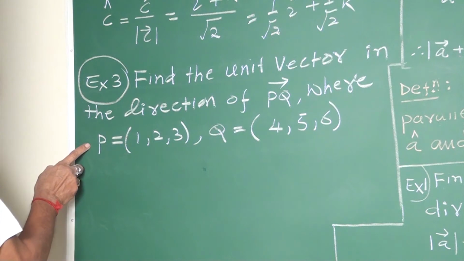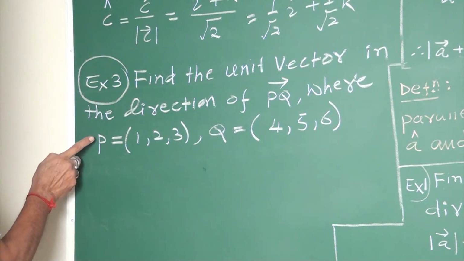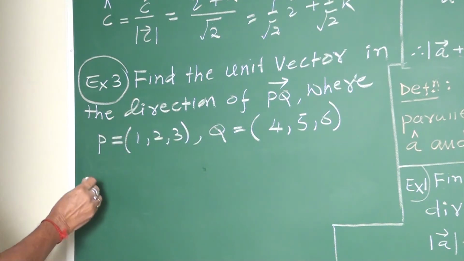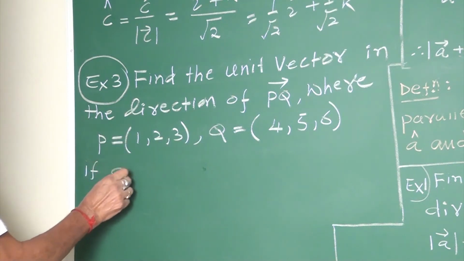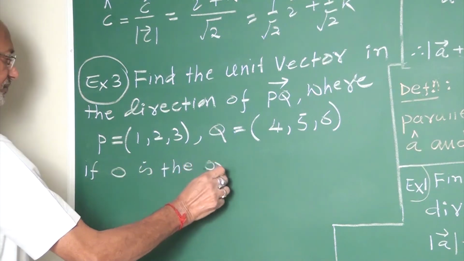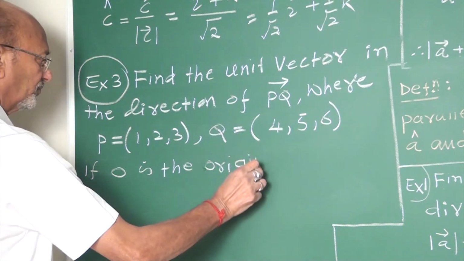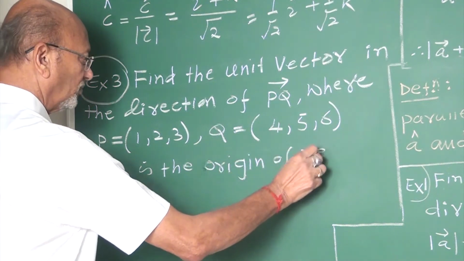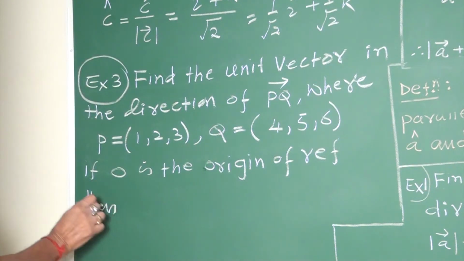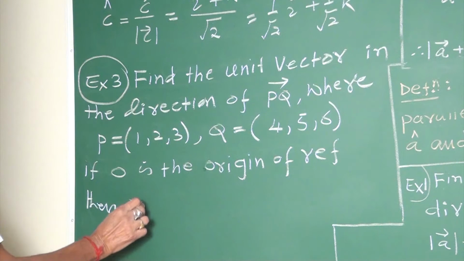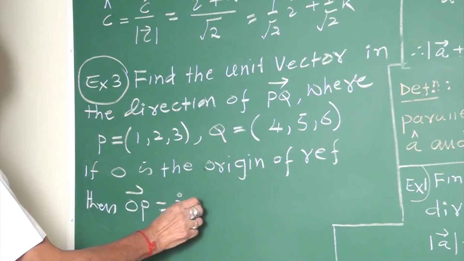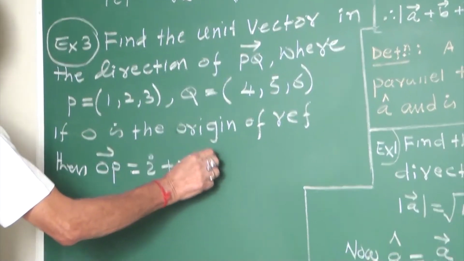Then you can write, if O is the origin of reference, OP is the position vector of the point P and OQ is the position vector of the point Q. What is OP? 1 into i plus 2 into j plus 3 into k.